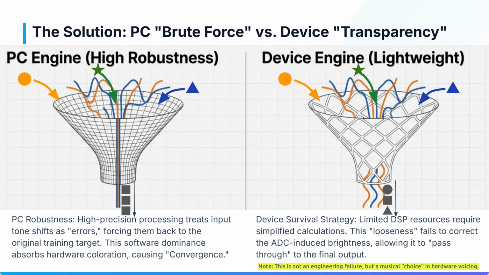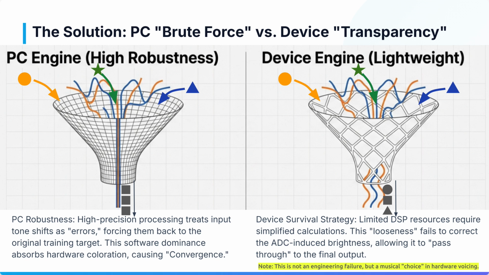It's like forcing different shaped blocks through a heavy-duty steel square mold. High computing power forces the input to comply with the correct answer. But on a multi-effect device, the math is simplified to save the DSP. The engine is looser.